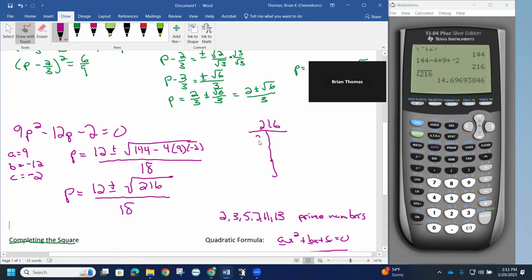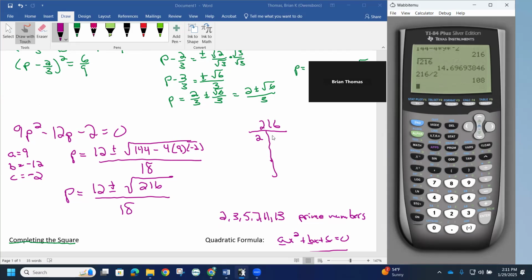So we know that 2 does go into 216. If I divide 216 by 2, that's going to be 108. It looks like 108 is also divisible by 2. So if I divide that by 2, 2 goes into 108 54 times.